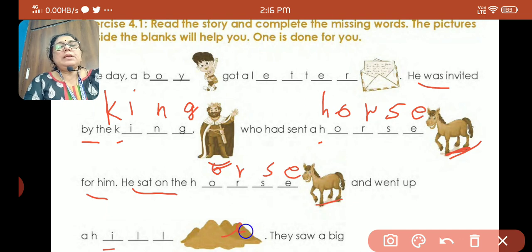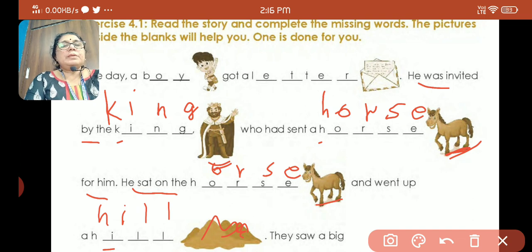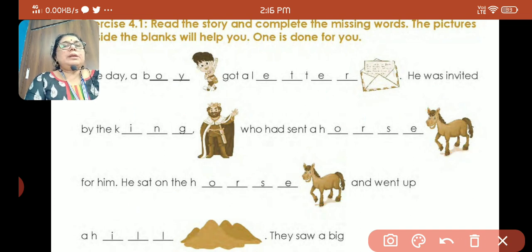This is a hill, no? Up, down, there, no? So what is it? It's a hill. H-I-L-L, hill. Got it, children? One day a boy, now let's read.